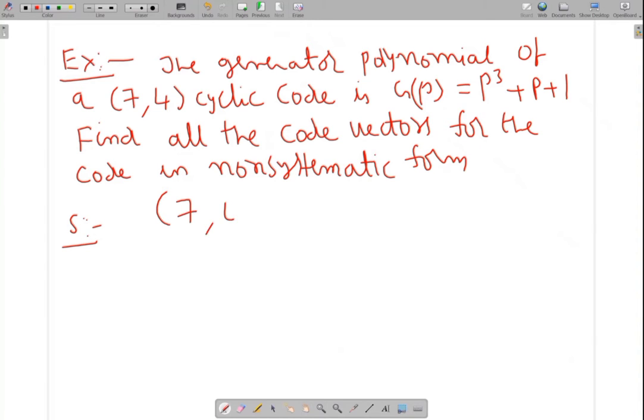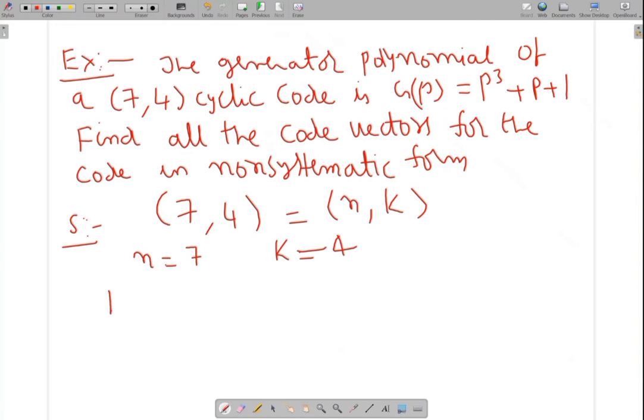Here (7,4) cyclic code means n comma k. Here n is equal to 7, k is equal to 4.